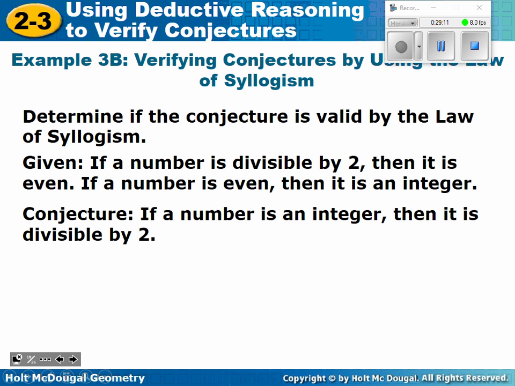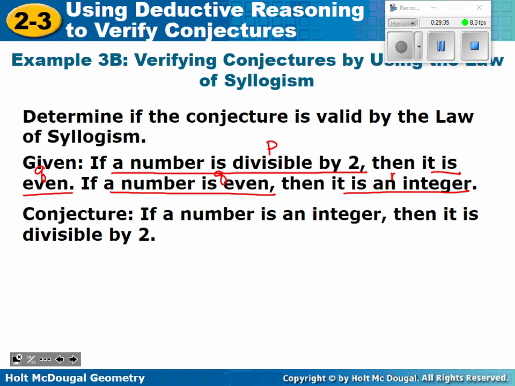If a number is divisible by 2, then it is even. If a number is even, then it is an integer. Where's the Q's? What's the part they have in common? Okay, number is even. So if a number is divisible by 2, that's P. It is even, that's Q. If it's even, that's Q again.